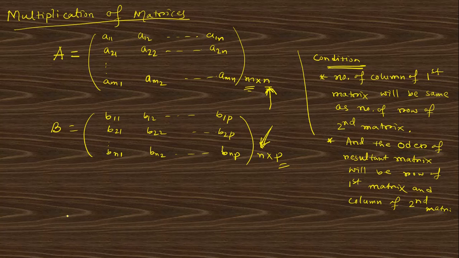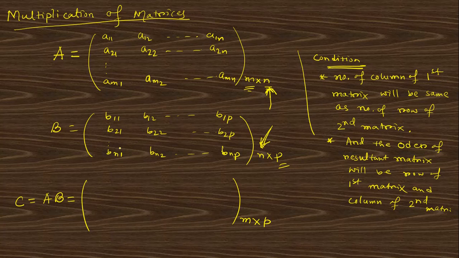Clear? So if C is the product AB, then the order will be M by P. The product is possible if the number of columns of the first matrix is equal to the number of rows of the second matrix, and the order of the product matrix will be the number of rows of the first and the number of columns of the second.